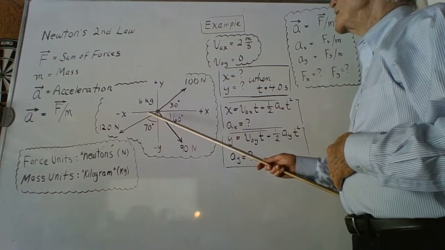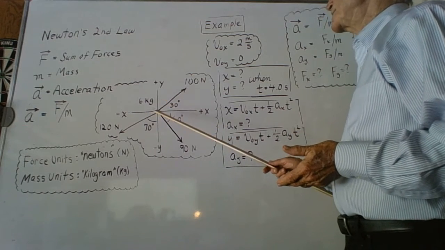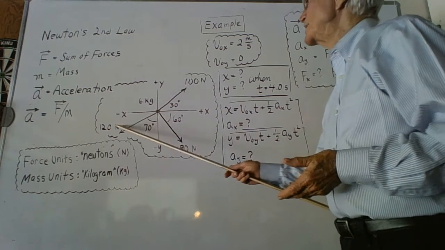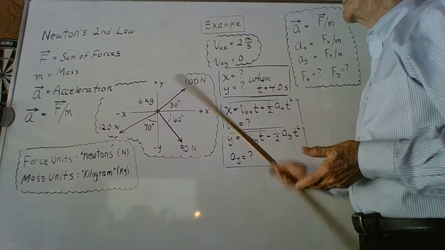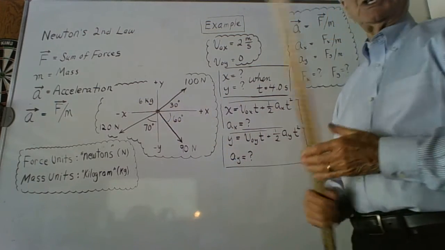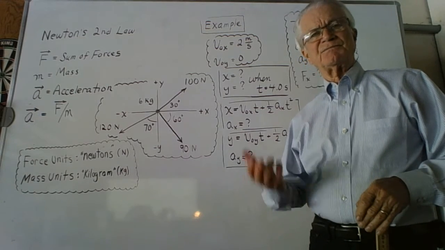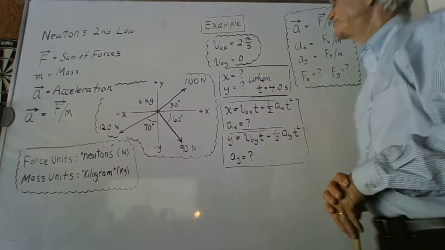I show an object at the origin of a coordinate system initially, with 3 forces acting on it: 100 newtons, 120 newtons, 90 newtons, at the various angles you can see. The mass is 6 kg. In case you're curious, a kilogram is about the weight of 2 pounds.